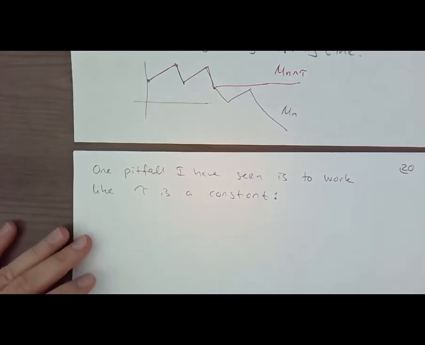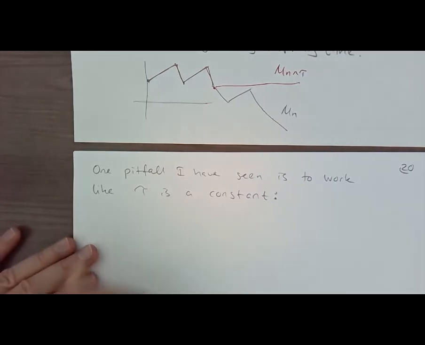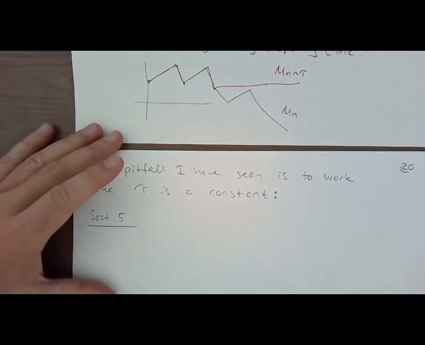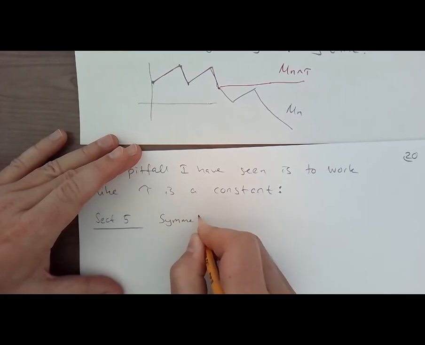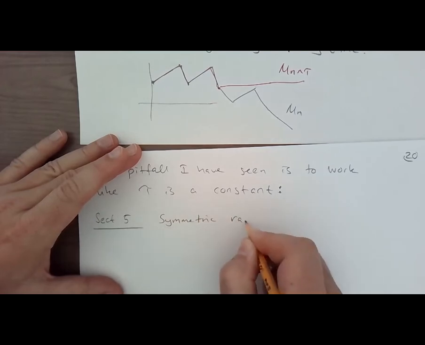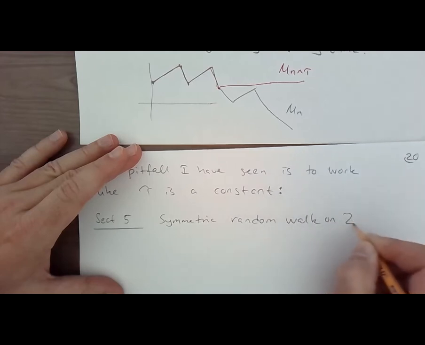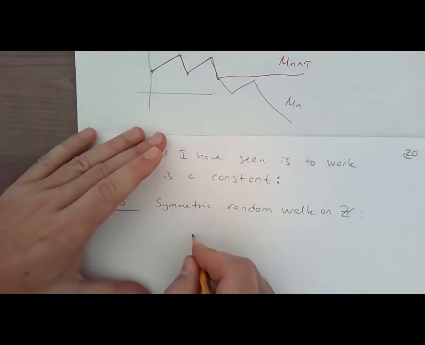Let me try to give you the gist of it. This is basically the model that the entire section 5 is devoted to studying. You look at a symmetric random walk on the integers.